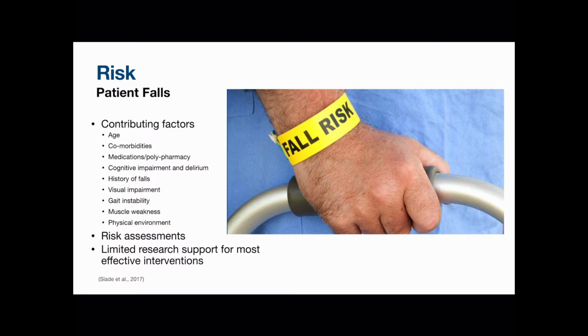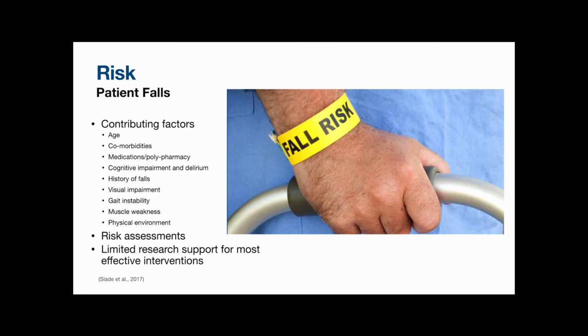There are many contributing factors to patient falls, including advancing age, specifically 65 years and older, having multiple comorbidities, the use of certain medications and multiple medications, specifically psychotropic and antihypertensive medications, having cognitive impairment and delirium, a previous history of falls, visual impairment, gait instability, and muscle weakness, all encompassed in the physical environment that people are in, all contribute to a patient's fall risk.